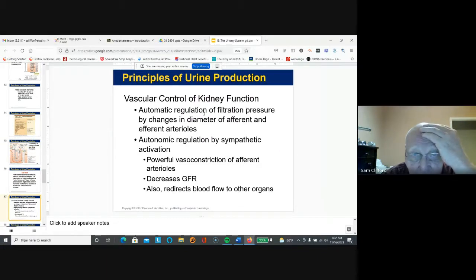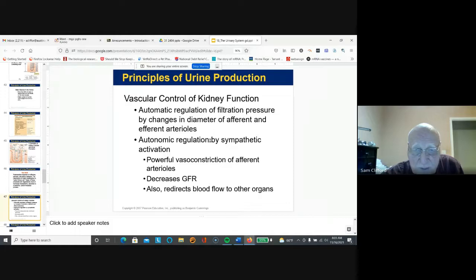Okay, so the blood vessels and movement of blood into the glomerulus from the afferent arteriole and leaving the glomerulus from the efferent, that blood pressure in the glomerulus, which is affected by the blood pressure in the afferent and efferent arterioles, is going to help control glomerular filtration rate.